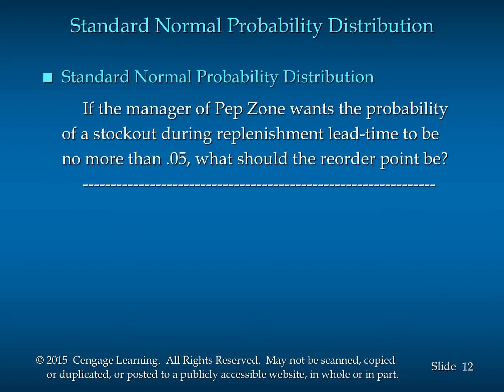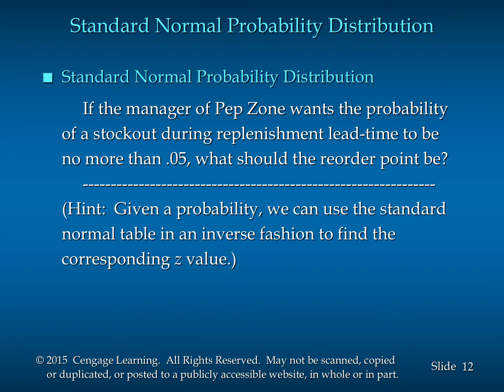We can also work this type of problem in reverse. What if the manager wants to know the number of gallons, or what x value would have no more than 5% or 0.05 probability of occurrence? We can use the standard normal table in reverse.